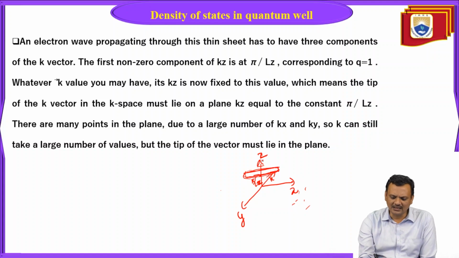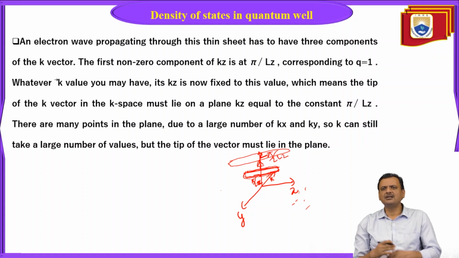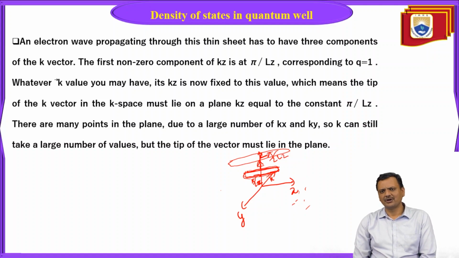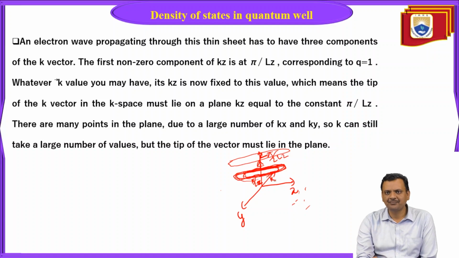Either it will take pi upon Lz, or in the next case maybe 2 pi upon Lz, but no other values are possible for the quantum well case. So you have to restrict your wave vector such that the tip of the wave vector k will always lie on this plane.